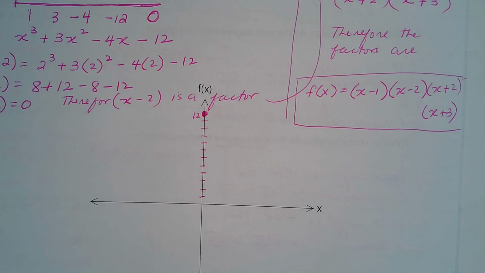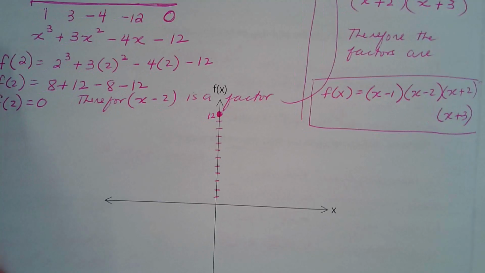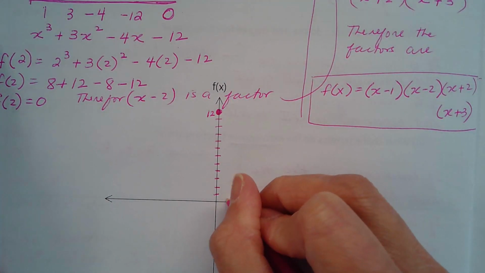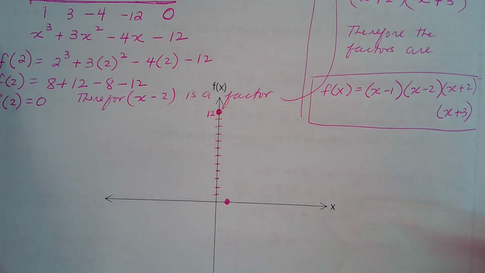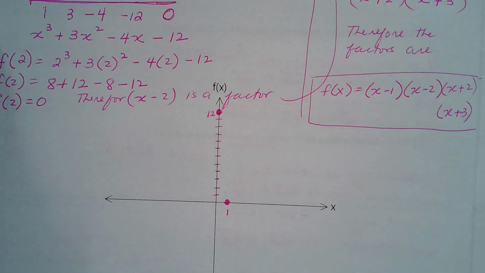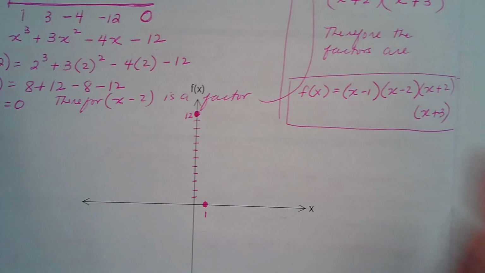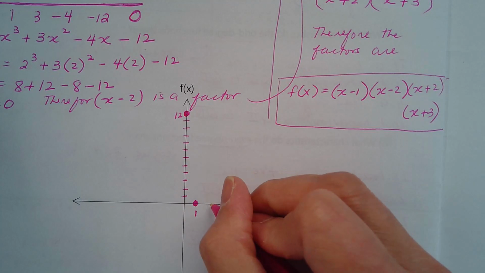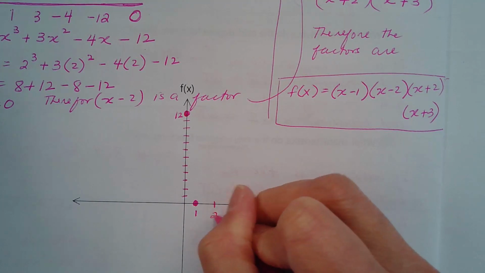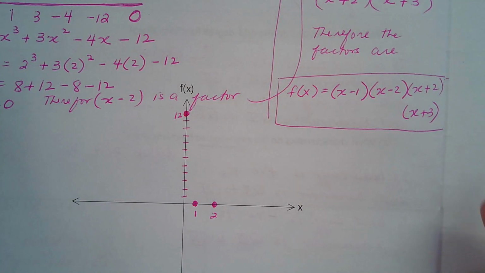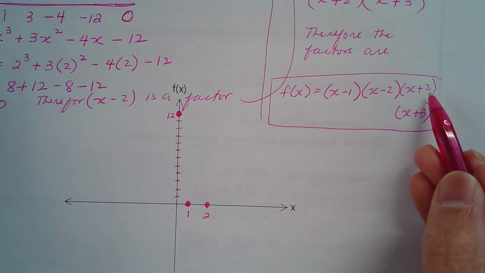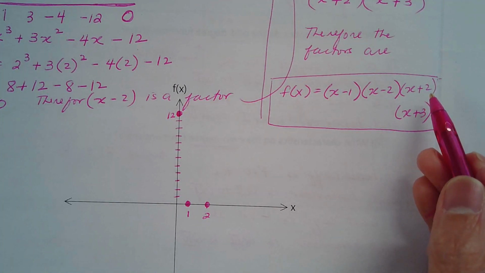And what are the x-intercepts? The a values. It's 1. So it's going to cross there at 1. And it's going to be 2. It's going to cross at 2. And then this one here is x plus 2. So that means the a is minus 2, right?